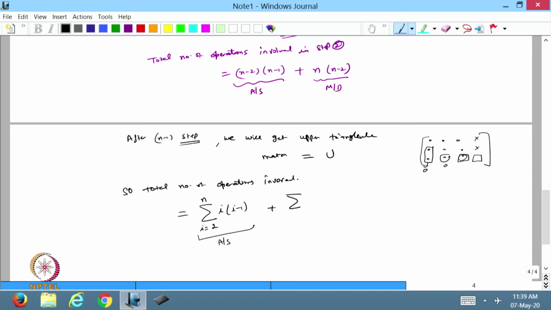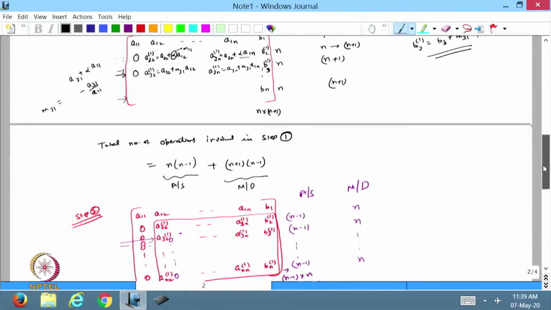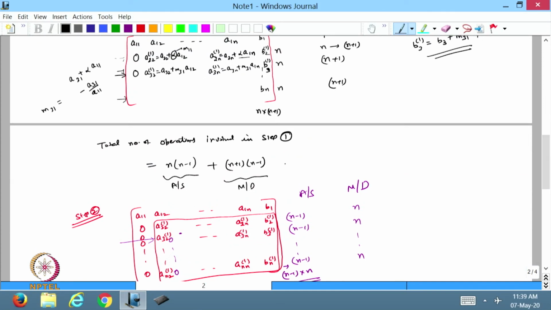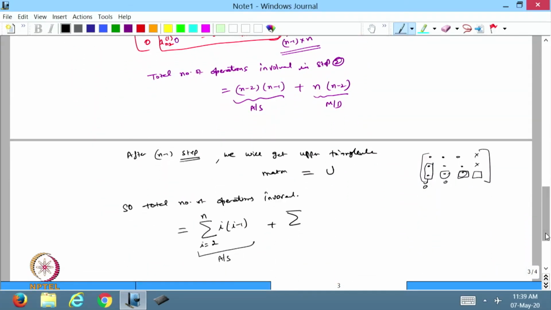So, this one I can do as, now you can see from here, it is n minus 2. Earlier it was n plus 1 minus n. So, whatever the element I am taking, minus 2 is coming here. So, it is n minus 2. So, from here you can see that I can write it as i plus 1, i minus 1, and i is moving from 2 to n.